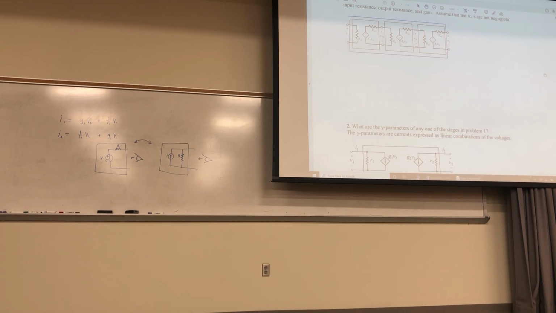But looking at it from the outside, if that's a black box, you cannot tell if it's Norton or Thevenin until you open it up and look inside. But you use those if you want to reduce your circuit. Sometimes you need to switch back and forth between the two to combine resistances together. Then you have an overall resistance, whatever the R is, and an overall source, which is the voltage or the current.